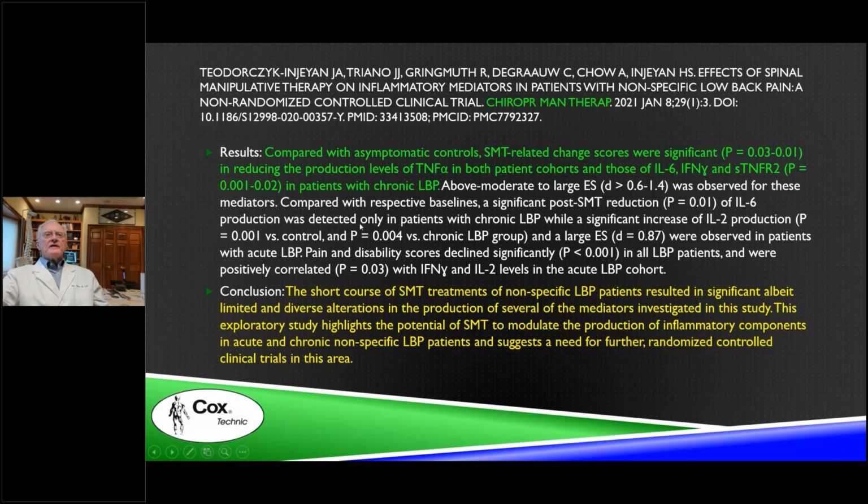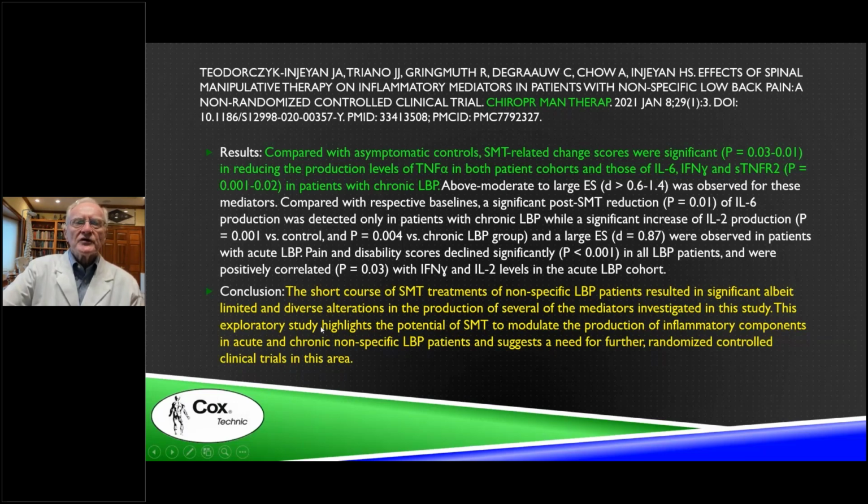They found that a short course of spinal manipulative therapy of nonspecific low back pain resulted in significant, albeit limited and diverse alterations in the production of several of the mediators investigated in this study.